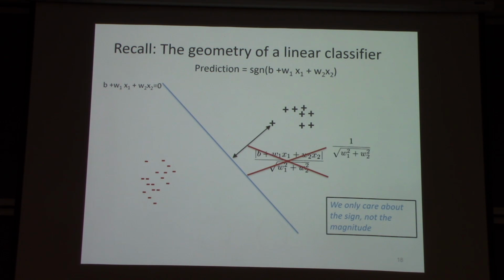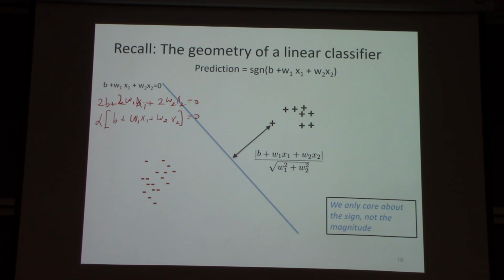Now suppose, you remember I had 2b plus 2w1 x1 plus 2w2 x2 equals 0. That's the same line, right? Now suppose I am able to find some constant alpha, a positive number, alpha times b plus w1 x1 plus w2 x2.